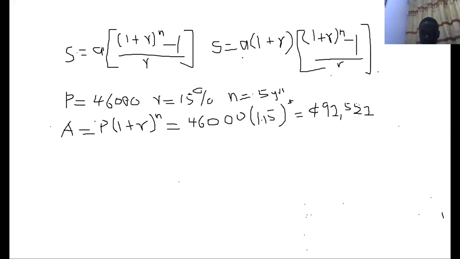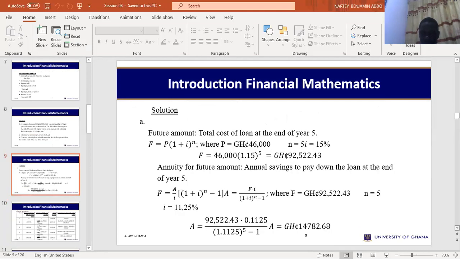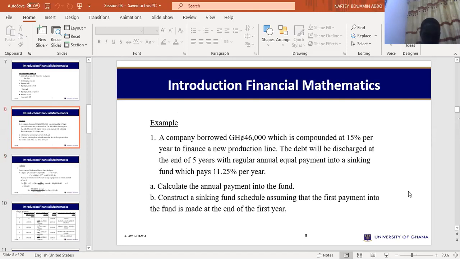So that is it. My calculator is not giving me one point one... Oh, okay, it's 1.15.